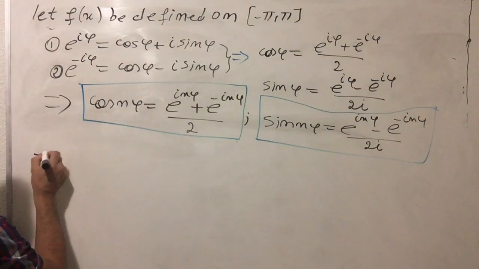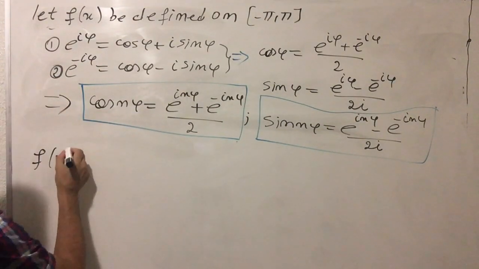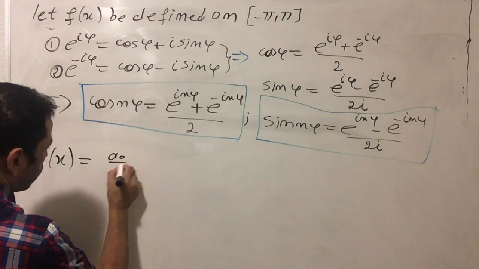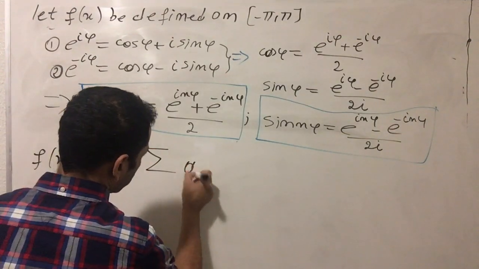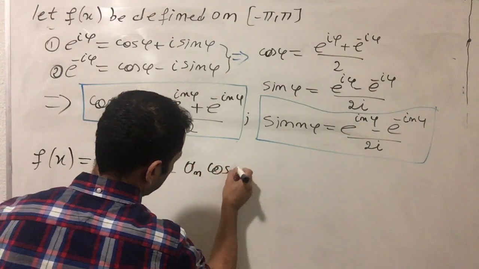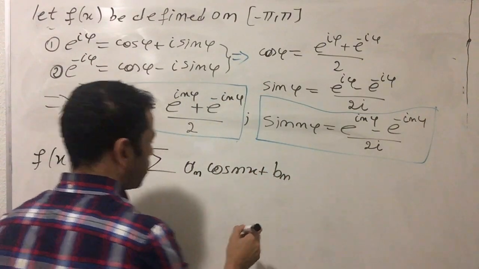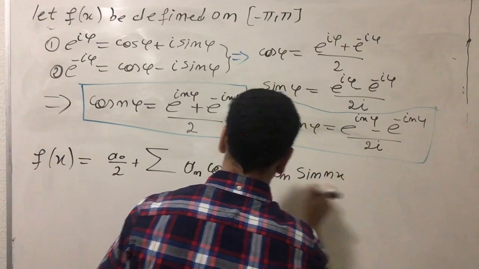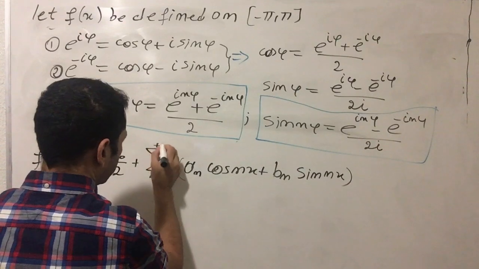As you see here, the Fourier series function f of x equal to a sub naught over 2 plus the sum of a sub n cosine n x plus b sub n multiplied by sine n x, as n goes from 1 to plus infinity.